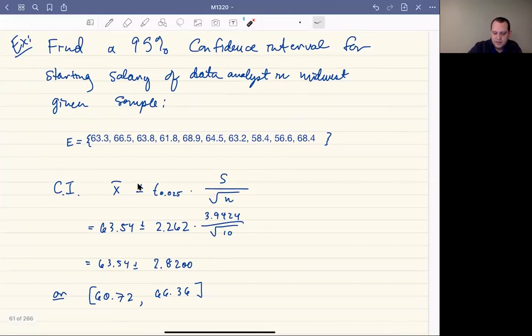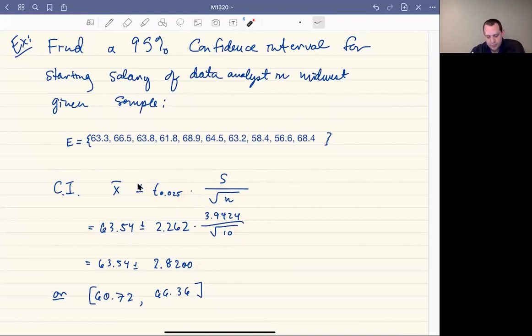Our value t sub 0.025 was 2.262. Our standard deviation we computed, our n was 10. When we plug everything in, we end up with 63.54 plus or minus 2.820027, if I remember correctly.